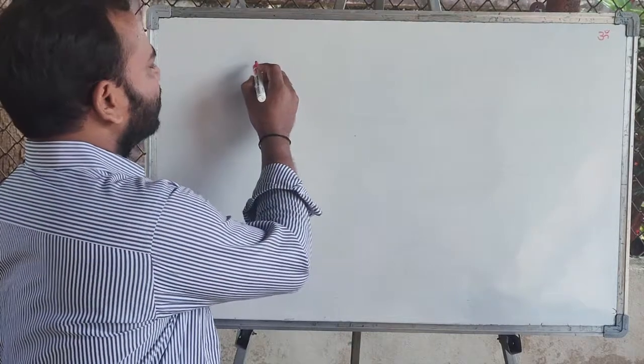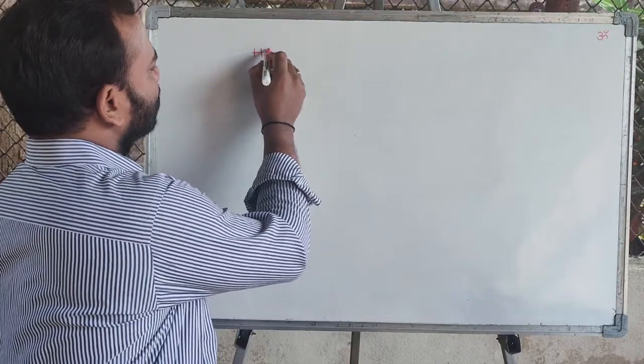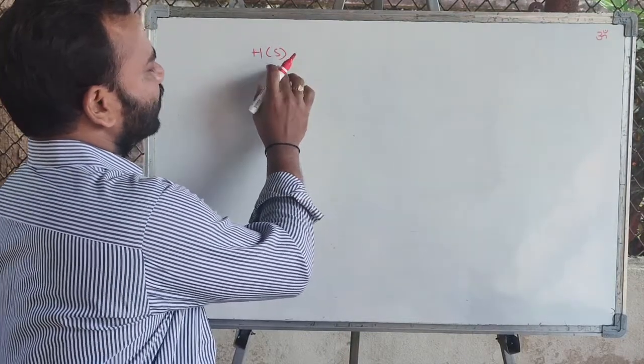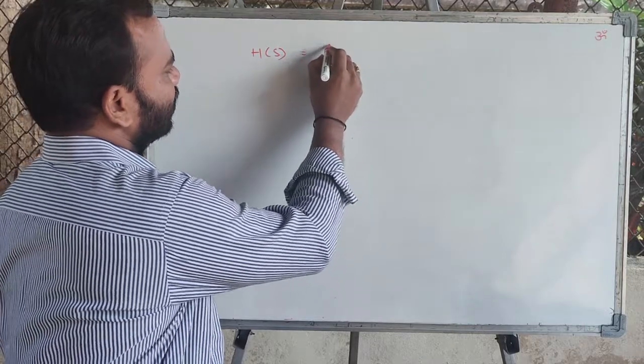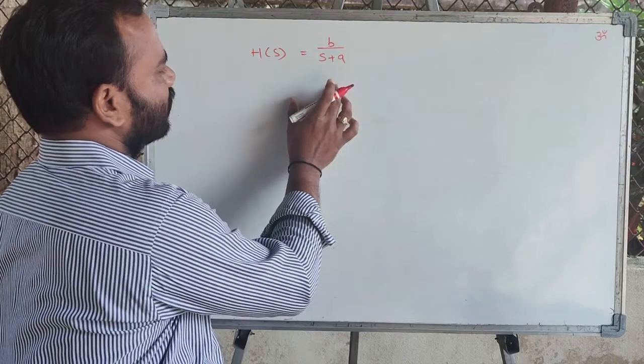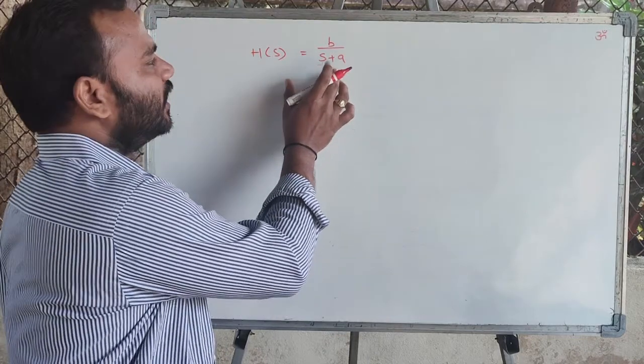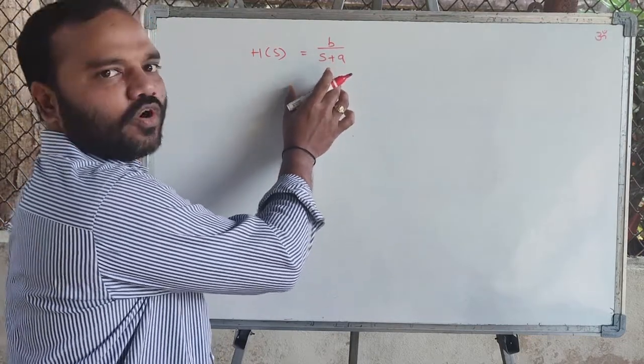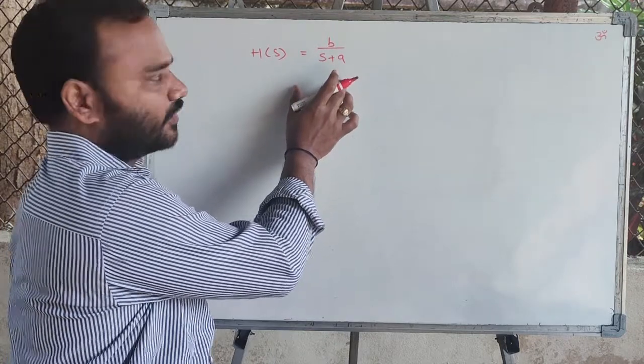Consider an analog filter H of s that is linear, defined as b by s plus a. So this is the transfer function of an analog linear filter.